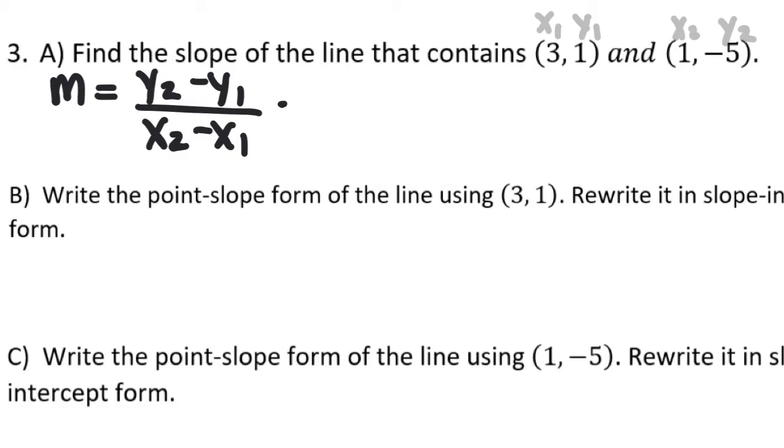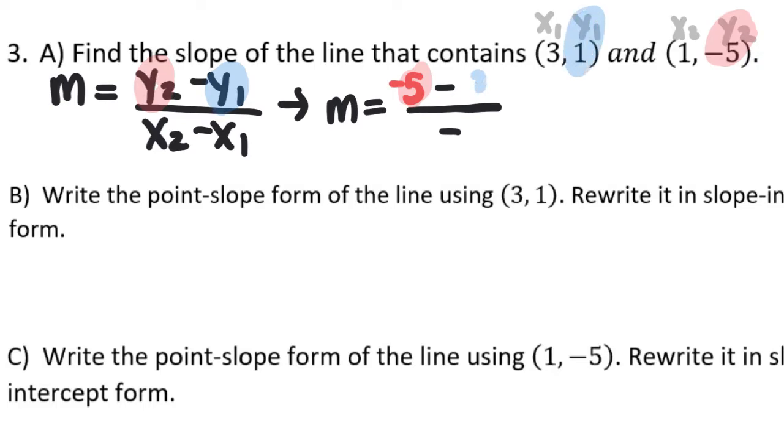So given our 2 points at the right, if I were to call this x1, y1, x2, y2, we are substituting into the formula. So the basics of it is it's the fraction with the minus in the middle, and now I'm just substituting. So I first want to substitute the y2 value into the first blank, which we can see is a value of negative 5. So I can fill in a negative 5 minus the value of y1, which from our labeling should be 1.